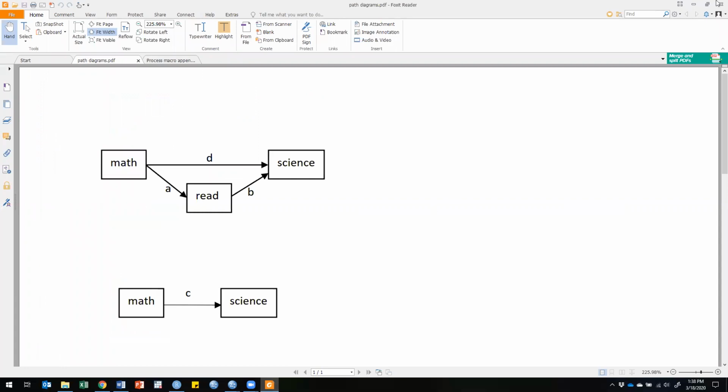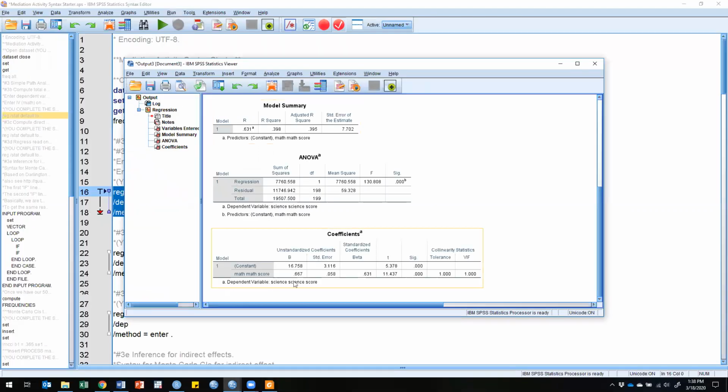This is our total effect of math on science achievement. Here's our regression equation. It's just 16.758 plus 0.667 times math scores. That would be our regression equation here. So this is the total effect of math scores on science achievement.